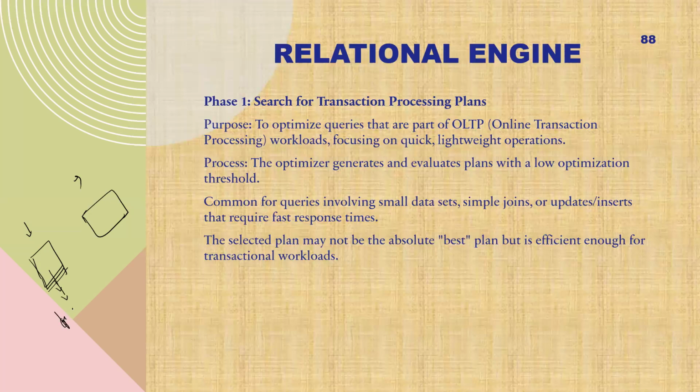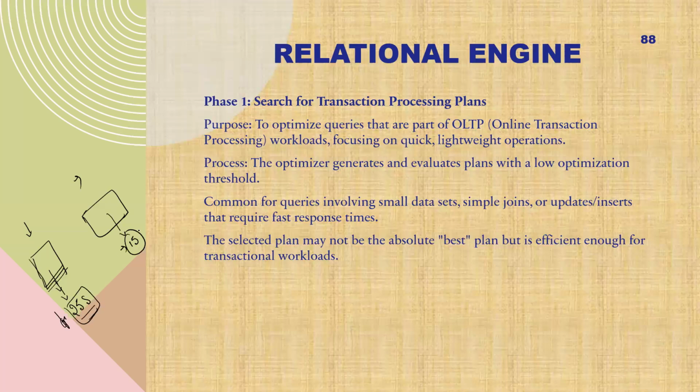Suppose it takes 25 seconds to find the best possible plan. But suppose this query is running, and before searching for the plan, it can go with any plan, and if it goes with any plan, it takes only 15 seconds. So why search for these transactions?